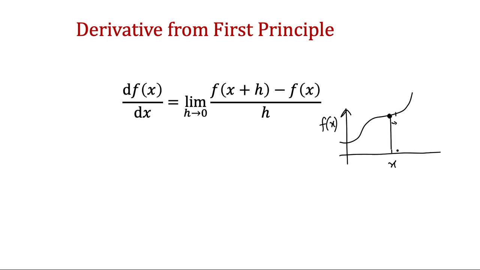So we see the value for x plus h, and this will be f(x plus h). We subtract, getting the difference in height, and divide it by the difference in width, which is h, and we get the derivative of f(x) at this point x. And this h should be infinitesimally small, that is, very, very close to 0.